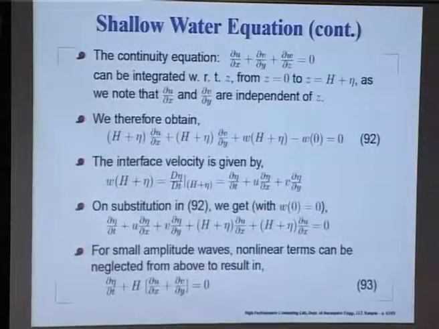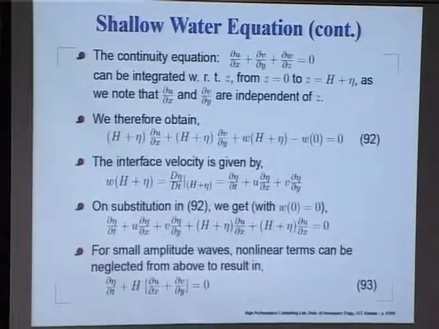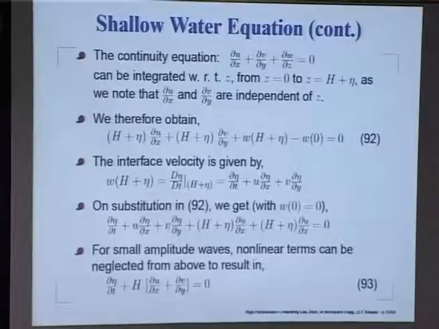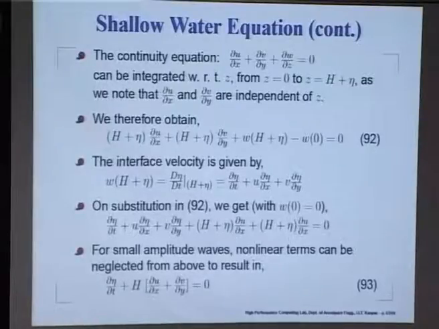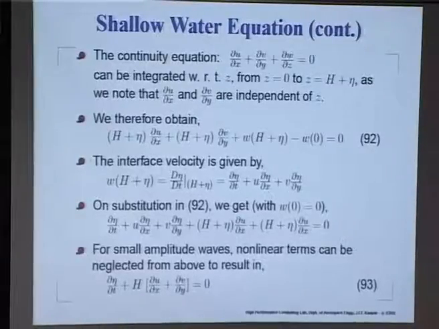Having integrated that, we get this, and if we consider a smooth plane bottom, then w at z equal to 0 can be taken as 0. That is what we do subsequently.